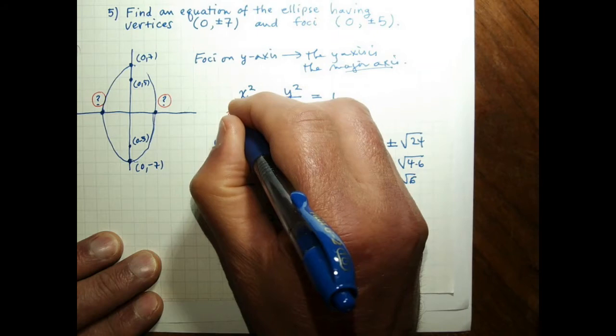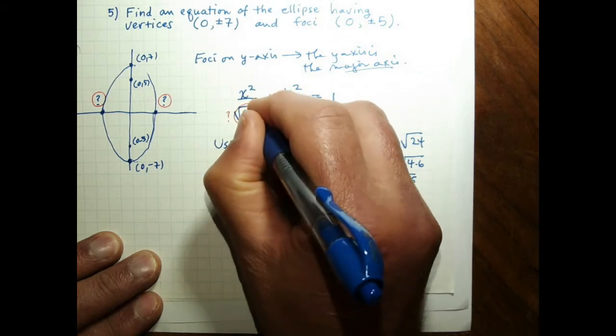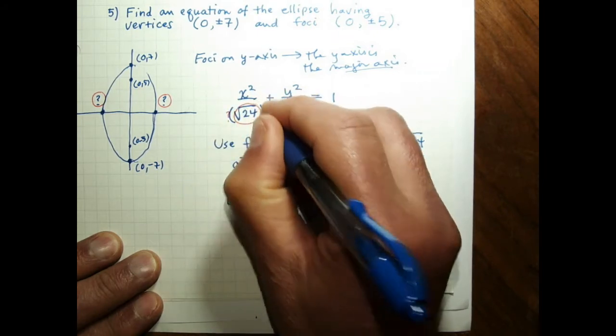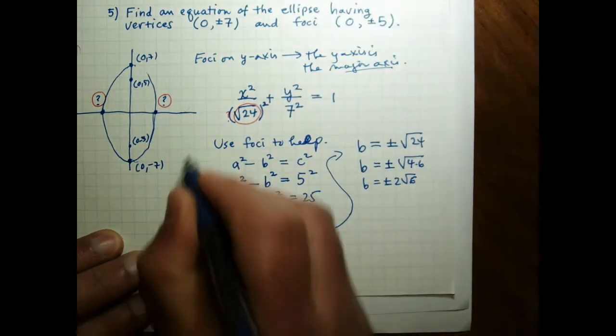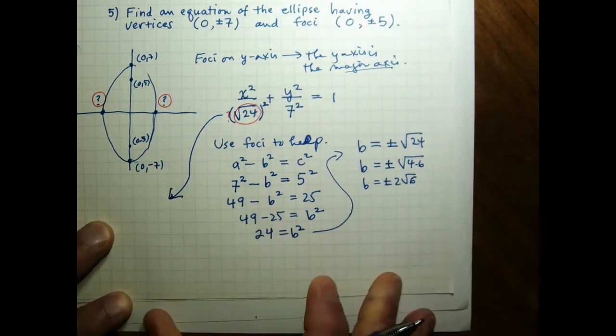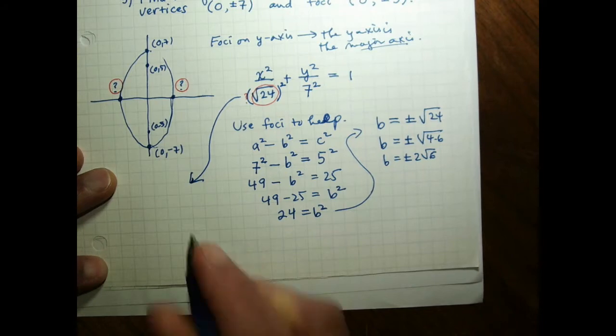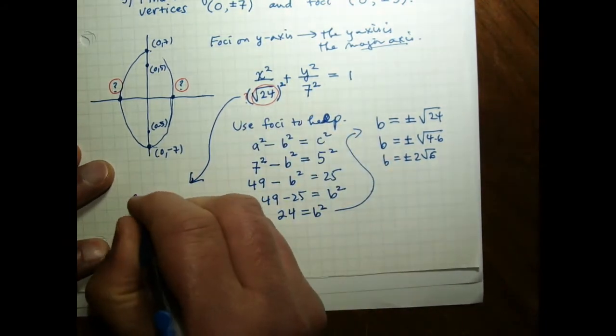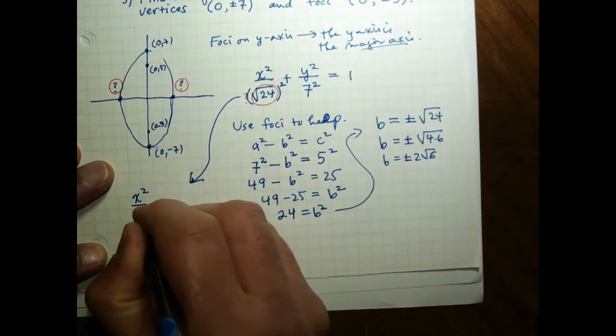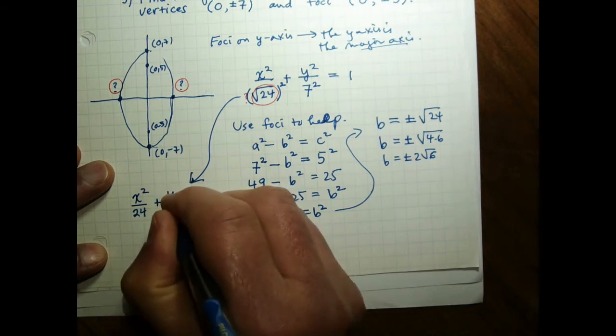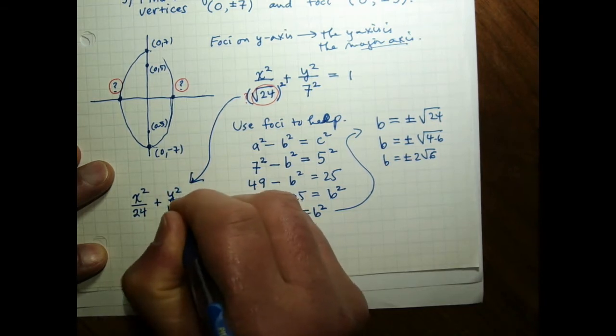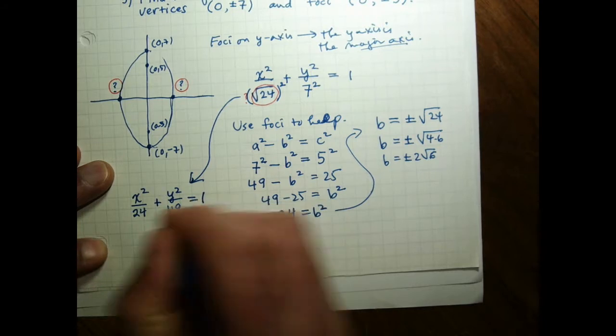Now I'm just going to write this as radical 24 squared to remind everybody that we are squaring something there. And when we do that squaring, we have x squared over 24 plus y squared over 49 equals 1.